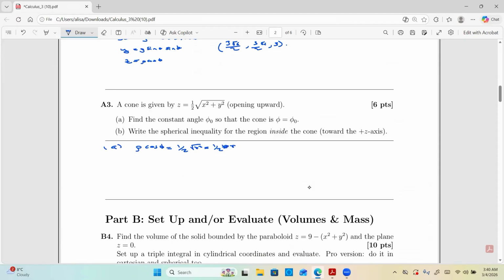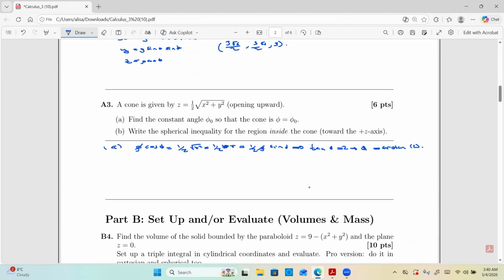And we know that r is just rho sine phi, which means if you cancel the rhos and divide, you will see that tan phi is 2, which means phi is arctan of 2. And this finishes part A.